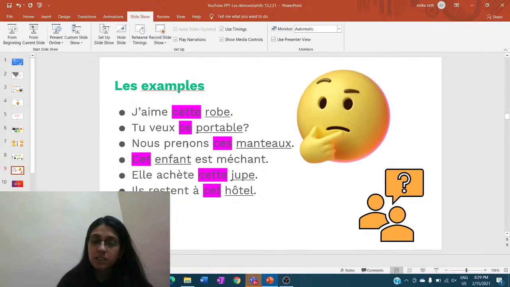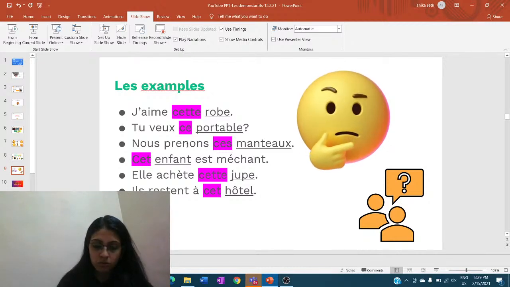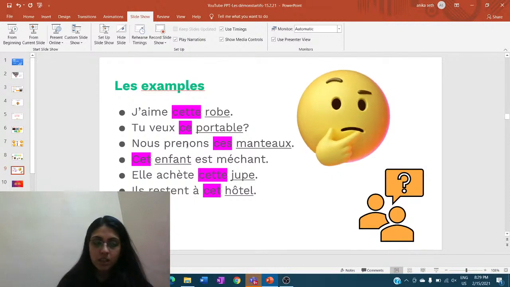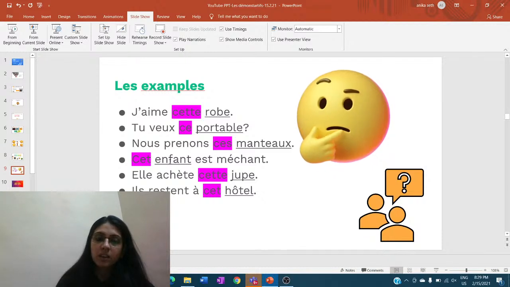That is why C-E-S. Nous prenons ces manteaux. We are taking, or we take, these coats, those coats. Ces manteaux. Next one, cet enfant est méchant.